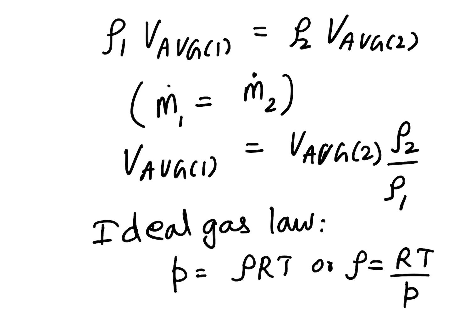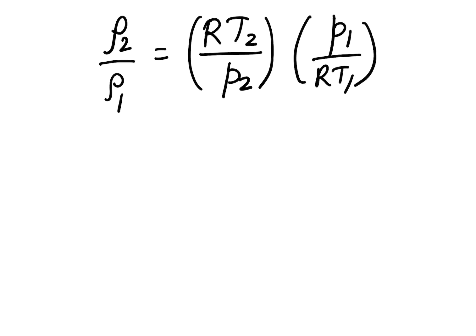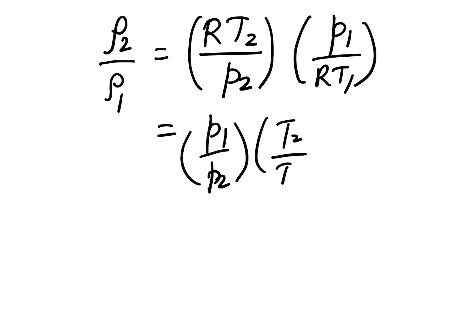It's the same gas, so R is the same. So we can write rho 2 over rho 1 equals P2 over RT2 times RT1 over P1, or this is P1 over P2 times T2 over T1.